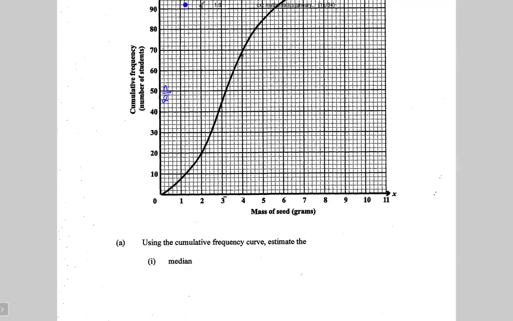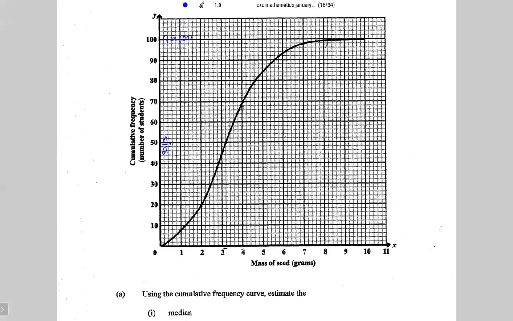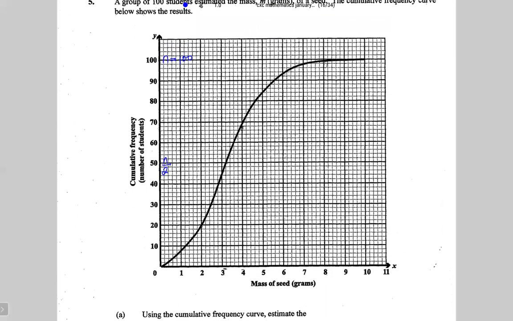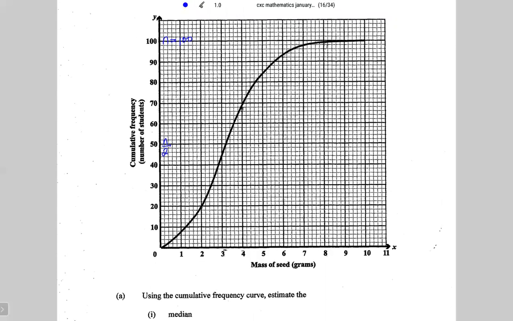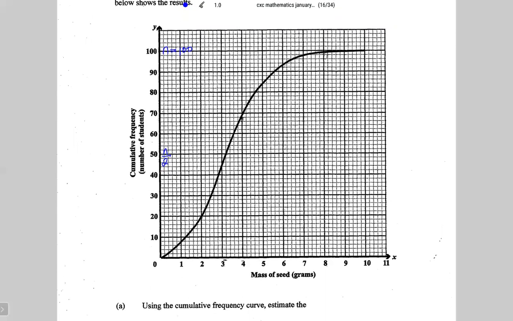The first thing we're asked to do is, using the cumulative frequency curve, to estimate the median. Now, the median would be the value of the n over 2 student. In your cumulative frequency curve, your vertical axis is cumulative frequency, and cumulative frequency is the number of students.